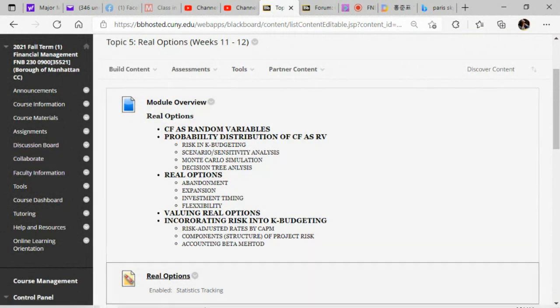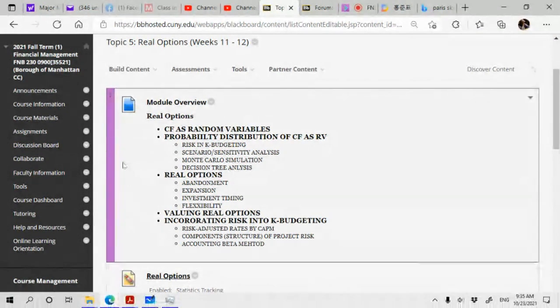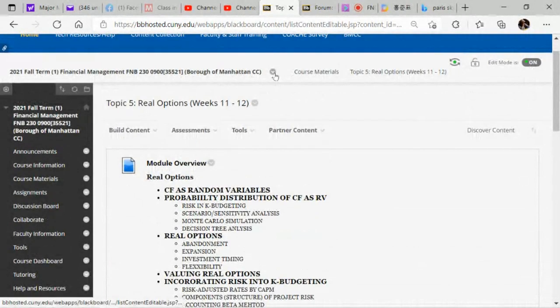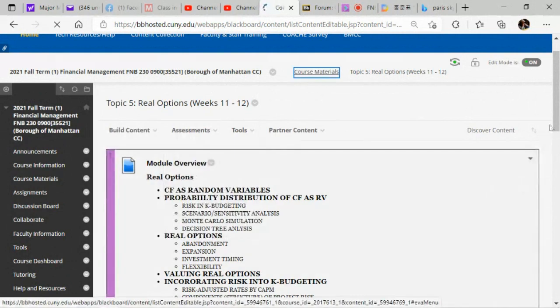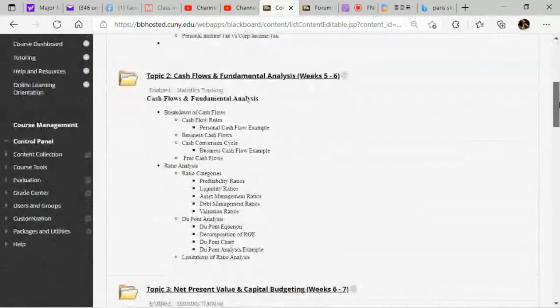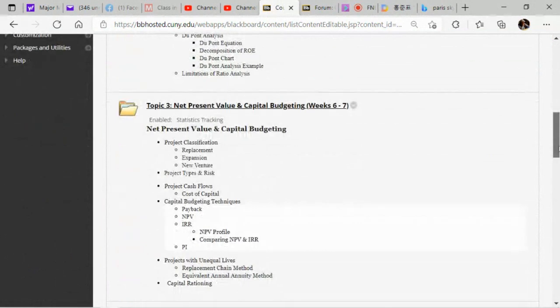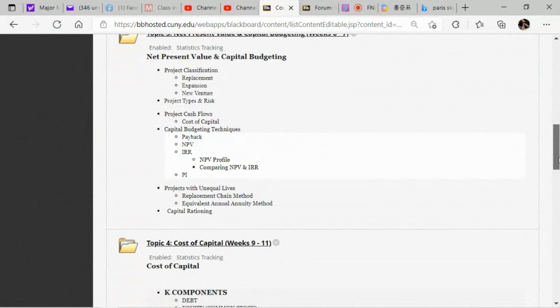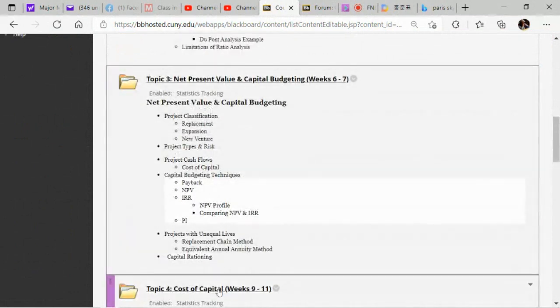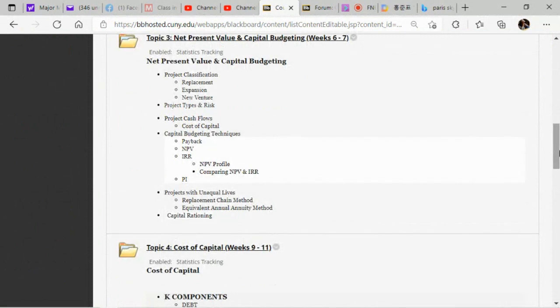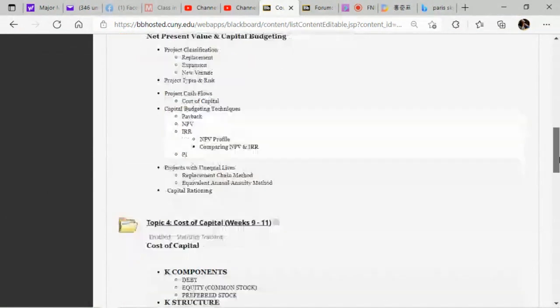As you understand, we have just begun on the fundamental analysis, the ratio analysis. After ratio analysis, these other topics are relatively easier.